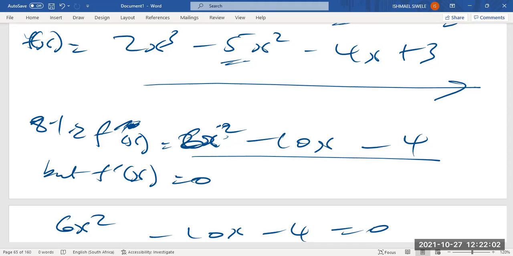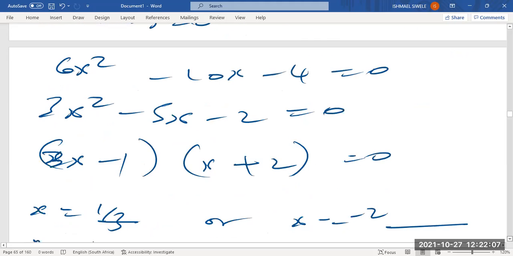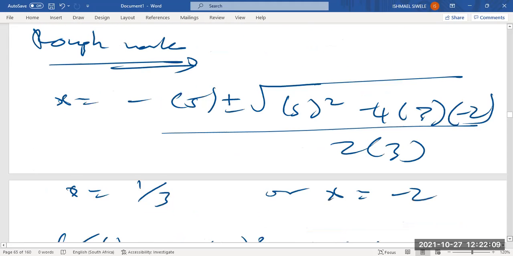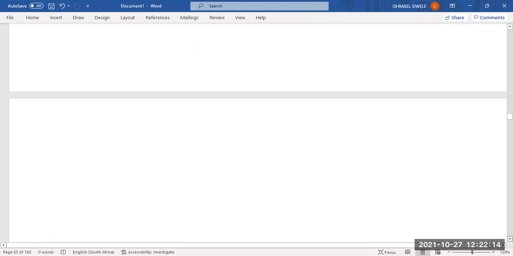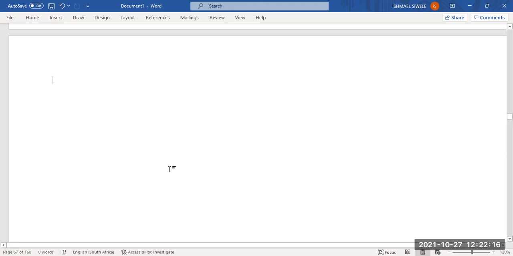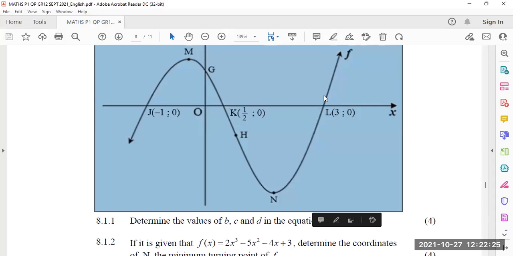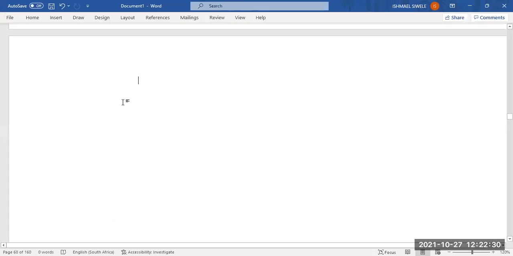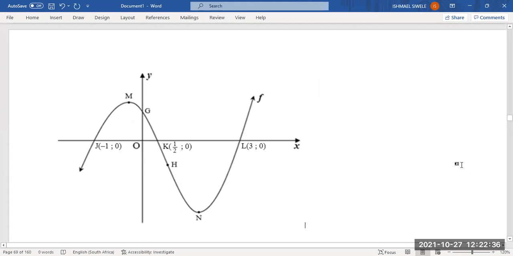Let me proceed and then retrieve the graph so that it has more meaning when you see it. So here is the graph we have retrieved.